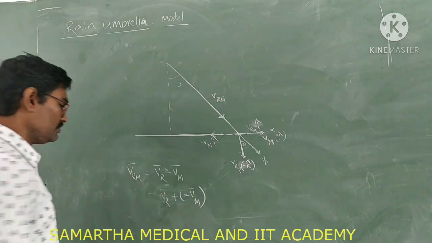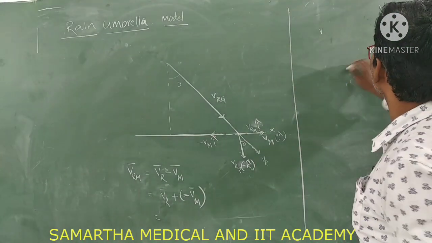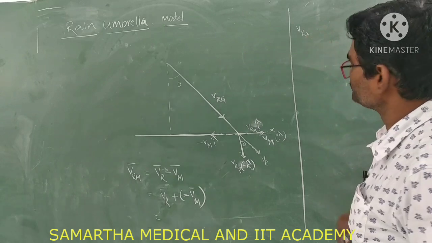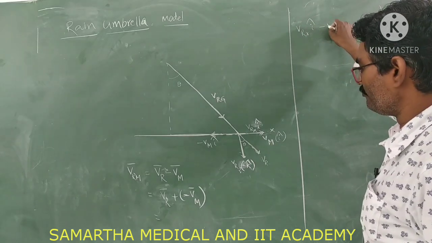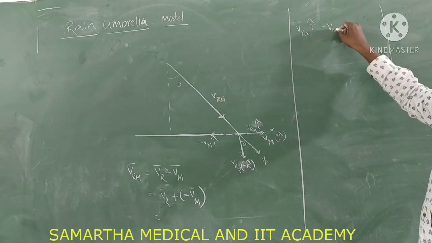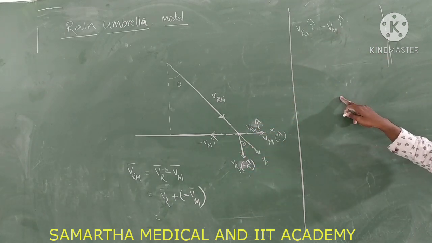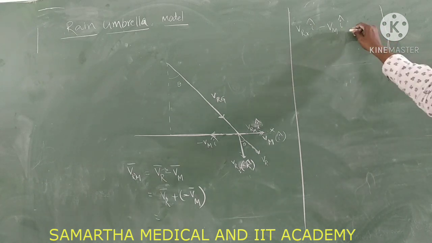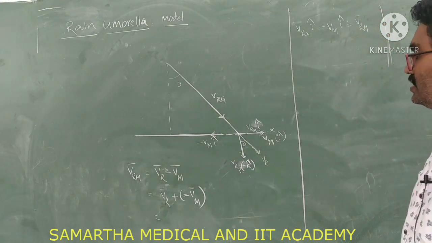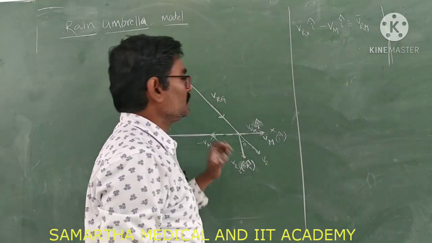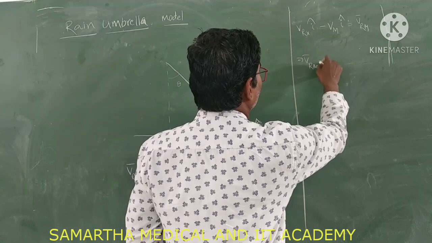Addition of a negative vector. So Vr bar is Vrx i cap minus Vm into i cap. That is the velocity of rain with respect to man in this horizontal direction. Next, with the vertical it is Vrz. So what is the magnitude of the velocity of rain with respect to man?